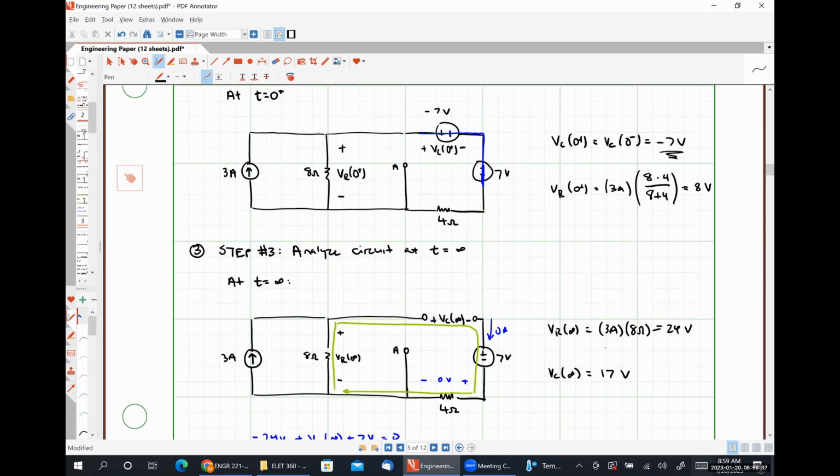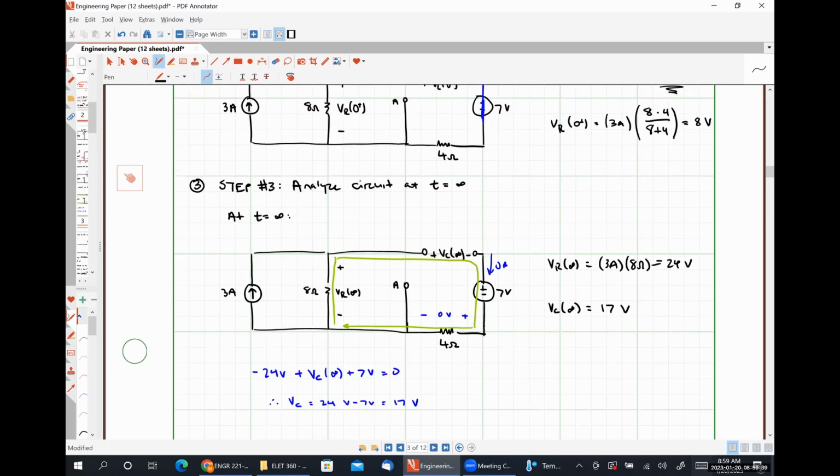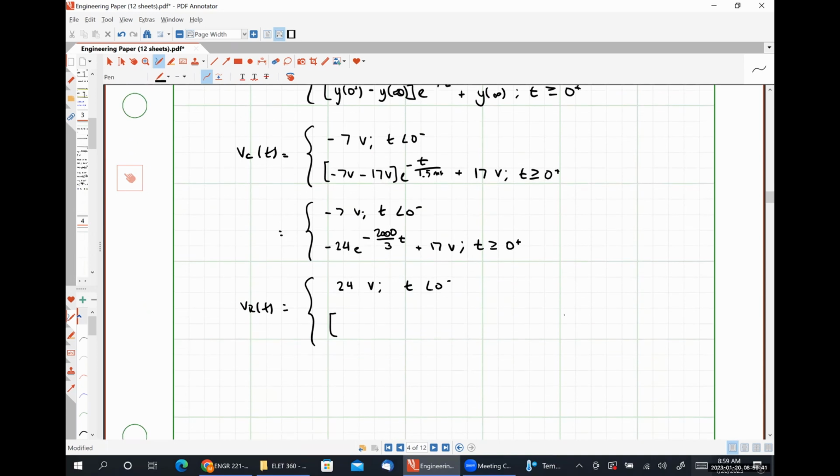Yeah, positive 8 volts. 8 volts minus 24 volts e to the negative 2000 over 3t plus 24 volts for t greater than or equal to 0 plus, where we can obviously say that this looks like negative 16 volts to simplify things. And there we go.